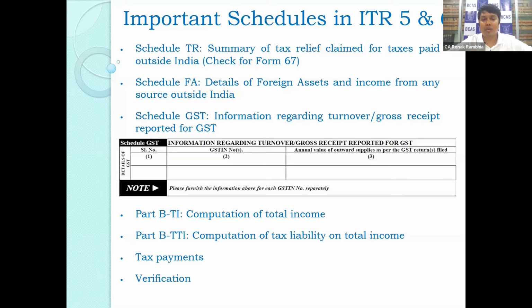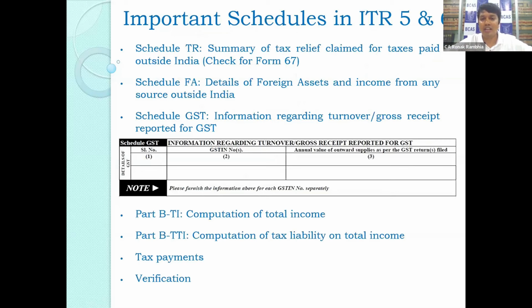Then comes the schedule FA, that is the details of foreign assets. Akshar has given a very well detailed explanation for these details of foreign assets and income from any other person outside India. Then you have the schedule GST, which mentions the GST return details. Here one normally has the question of whether the annual turnover has to be put as per the books of accounts or as per the GST return.